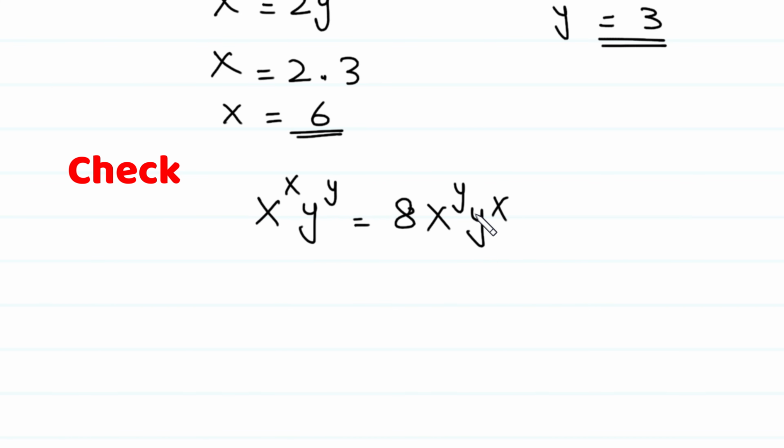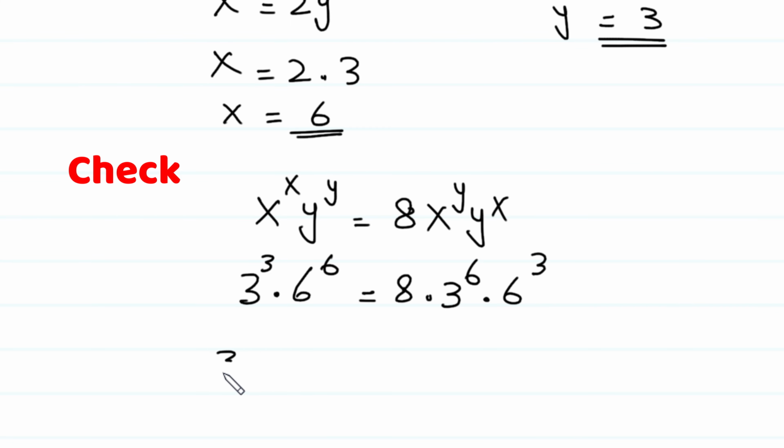In this equation, we put the value of x 6 and value of y 3. Like this, 3 to the power 3 times 6 to the power 6 is equal to 8 times 3 to the power 6 times 6 to the power 3.